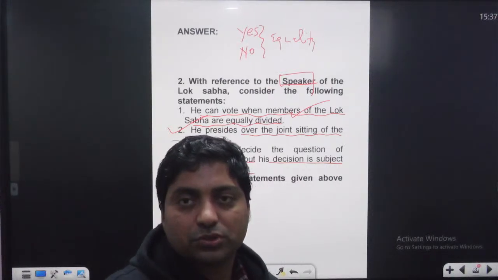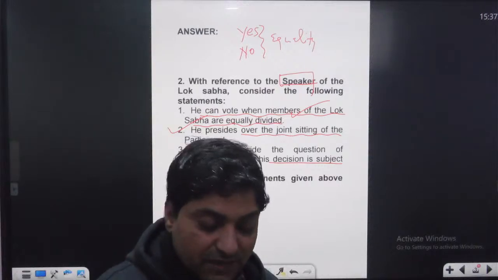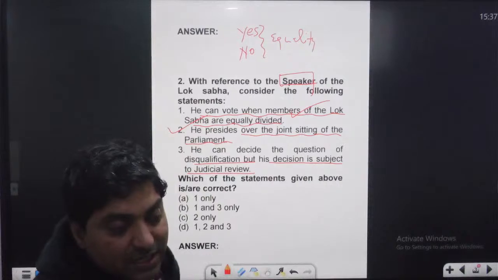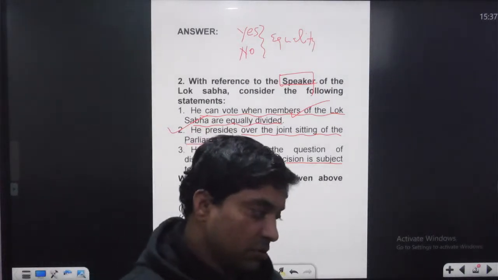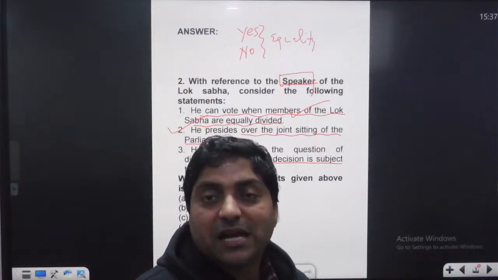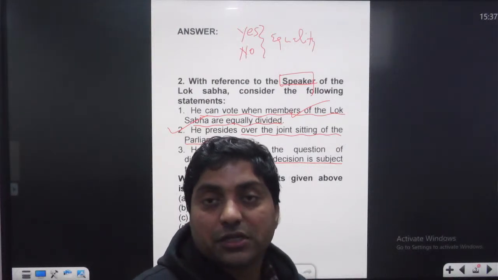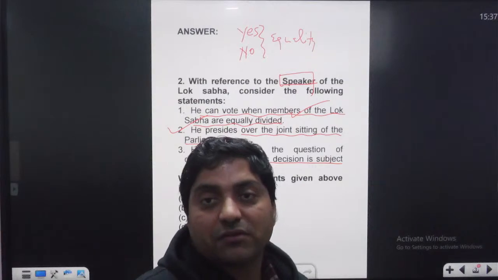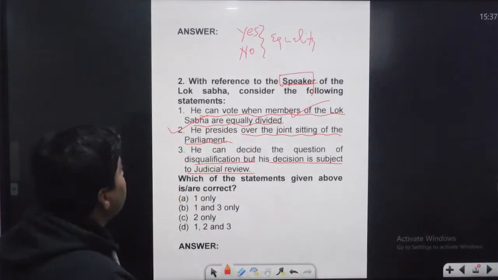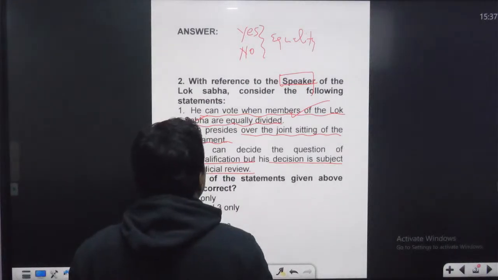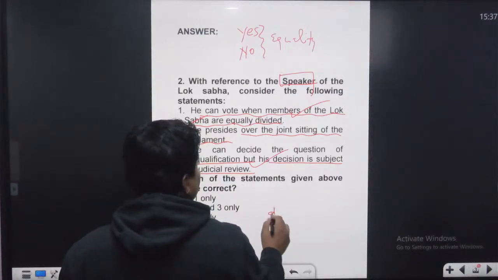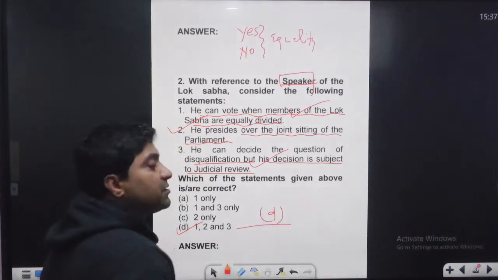Recently, you must have seen in the news that the Speaker of the Maharashtra State Assembly has decided the question of disqualification in a case. So here you see all statements are correct.